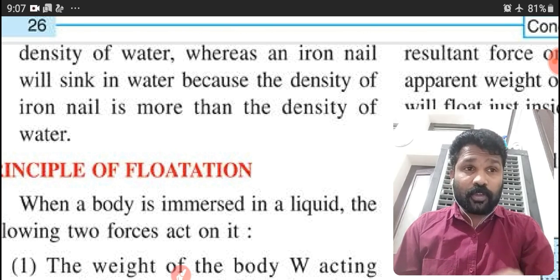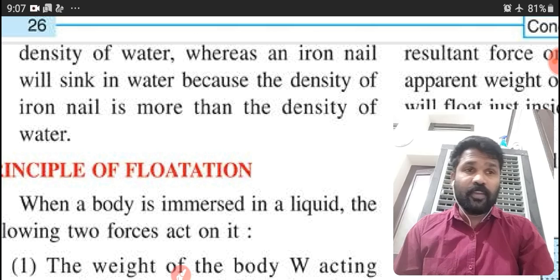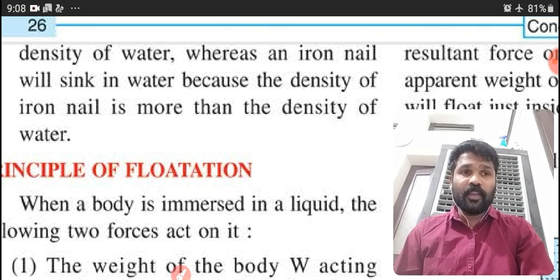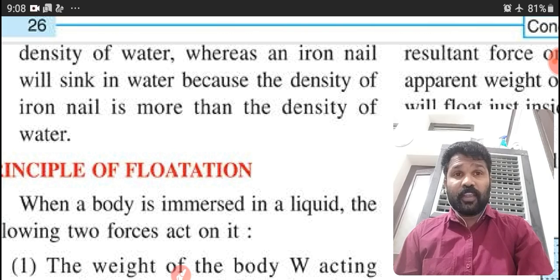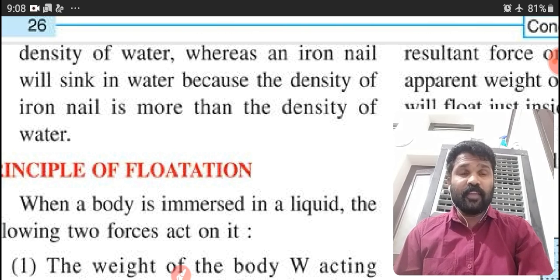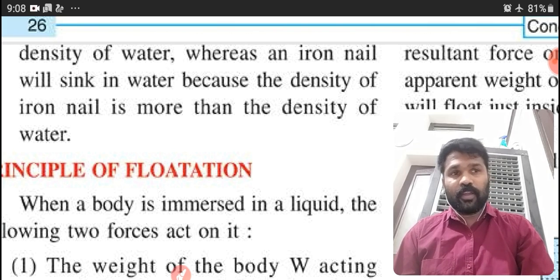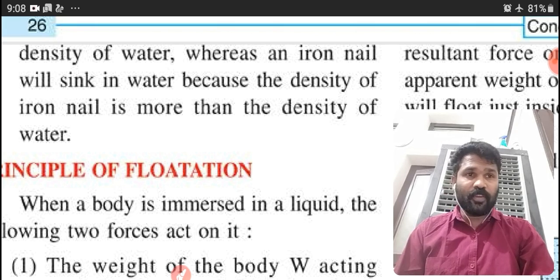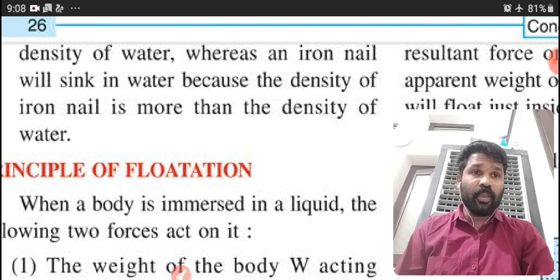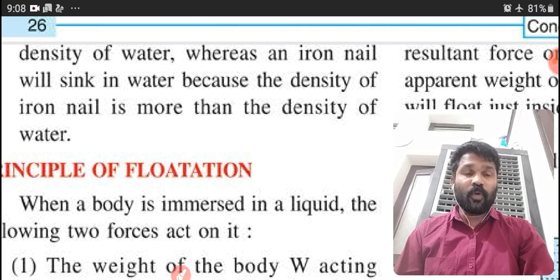You understood now how a body will float or sink in the respective liquids. That is due to the densities, whether more or less.